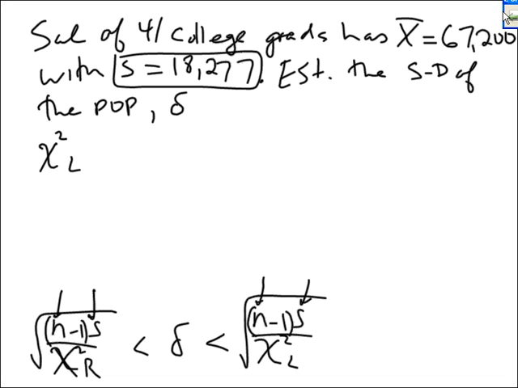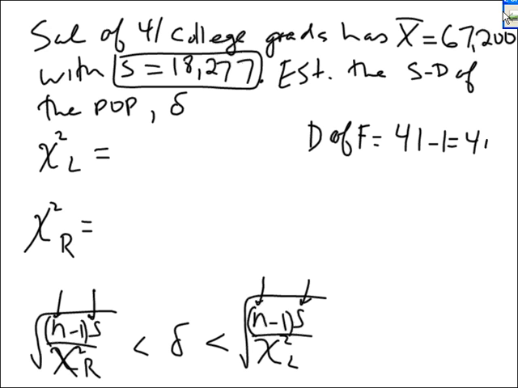And what is chi-squared sub r? Well, again, the degrees of freedom is n minus 1. It's 41 minus 1, which is 40. So you go to the chi-square table, and you go to 40.